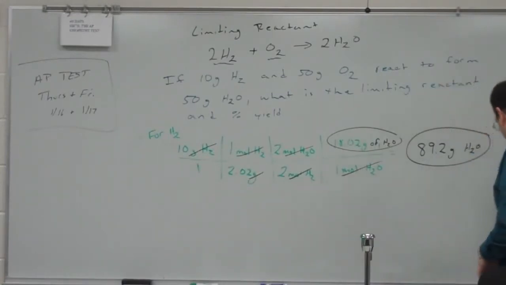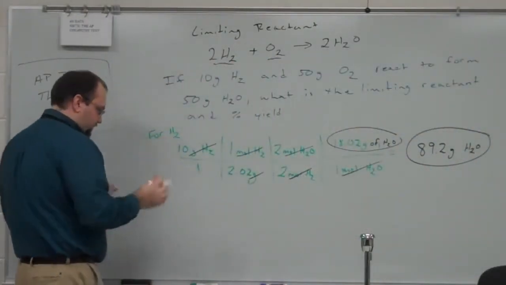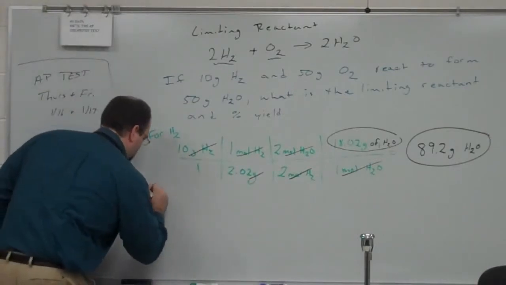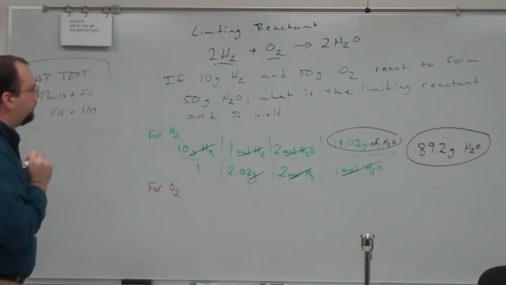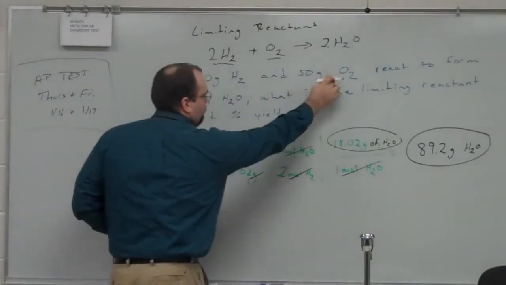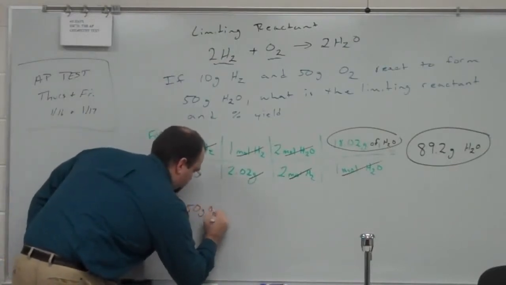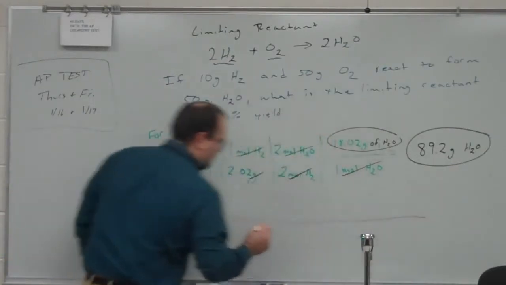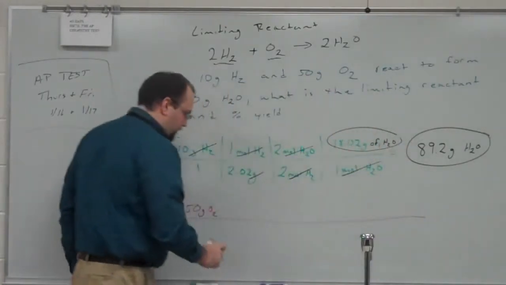So let me do the other one with oxygen. Let me grab a red marker, very Christmassy. It's not really Christmas time, but okay. So for O2, I have 50 grams. Right here, 50 grams of O2. Let me kick this chair out of the way. Hopefully it doesn't block you.